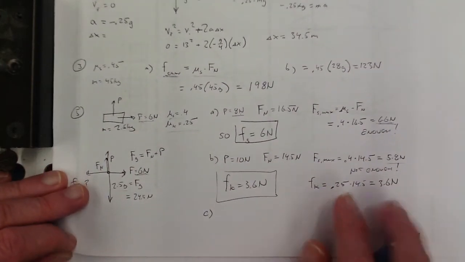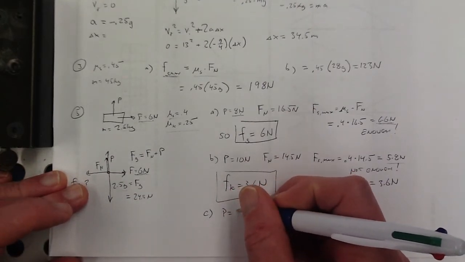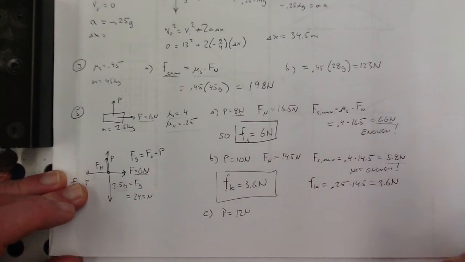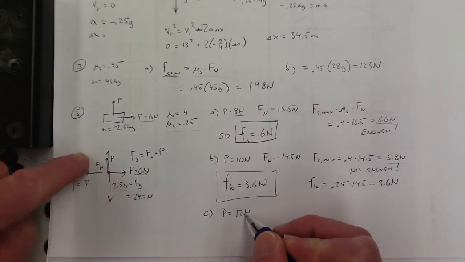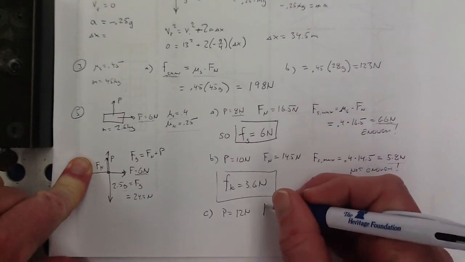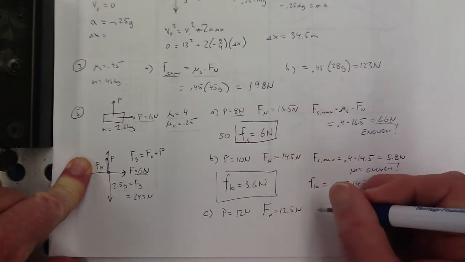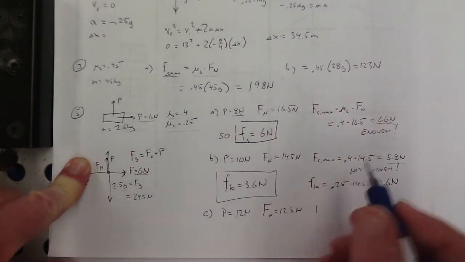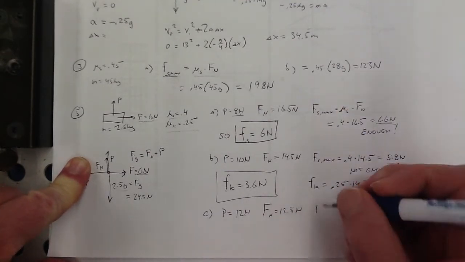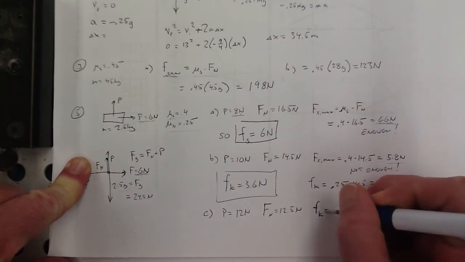And for part C, is it 12 newtons now? So now the normal force is only 12.5. And I definitely know now, I'm just going to jump to the kinetic because I know there's no way there can be enough static friction.